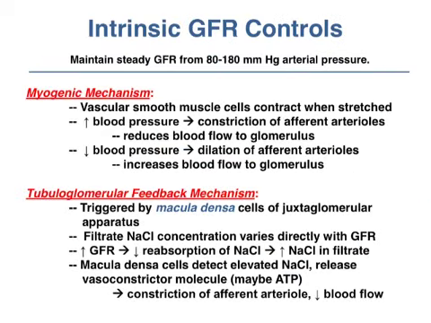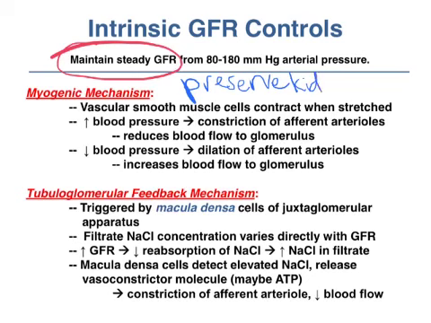So the controls that adjust the glomerular filtration rate can be divided into intrinsic controls and extrinsic controls. The intrinsic controls primarily act to maintain a steady glomerular filtration rate. These guys preserve kidney function. That's what they're all about. Making sure that that glomerular filtration rate does not get too high or too low.